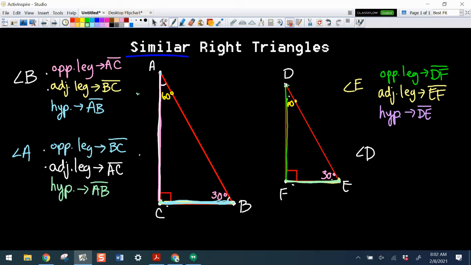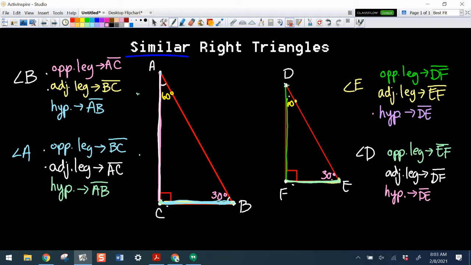In reference to angle D, the opposite leg is side EF, which was actually the adjacent leg to angle E. Therefore, the adjacent leg to angle D is side DF, which again was the opposite leg to angle E. And last but not least, the hypotenuse, just like it was previously, is side DE.